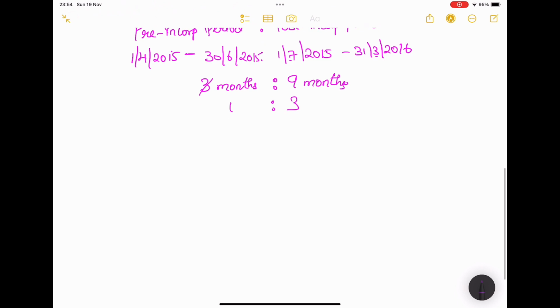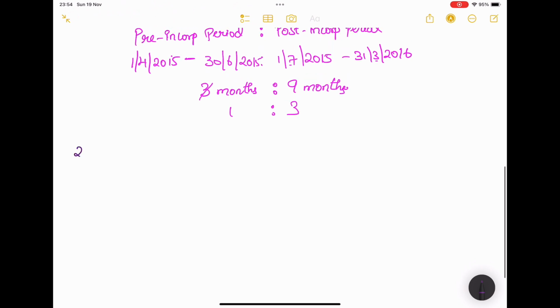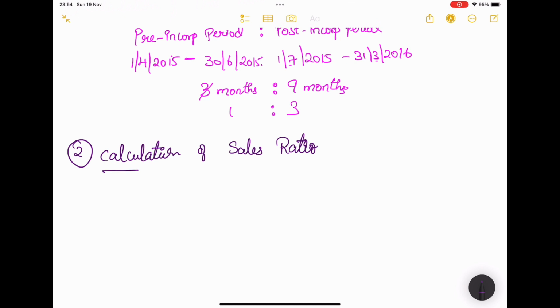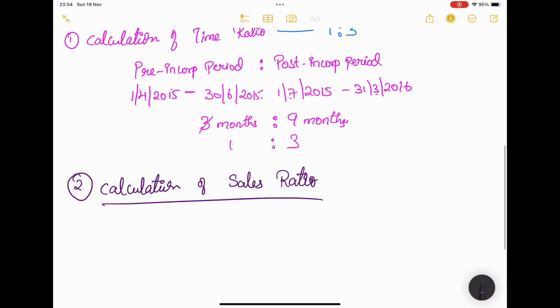Next point, calculation of sales ratio. For sales ratio, they have not clearly mentioned anything, so I'm going to assume certain things.